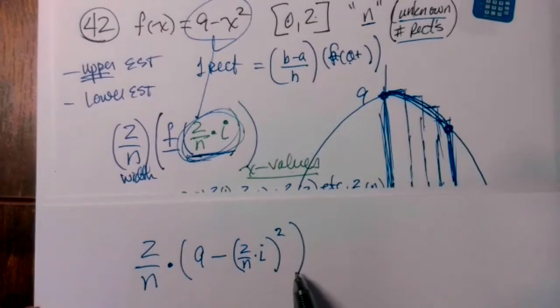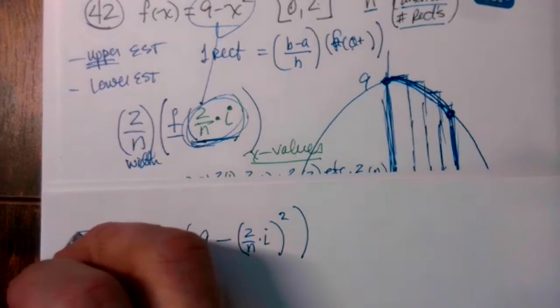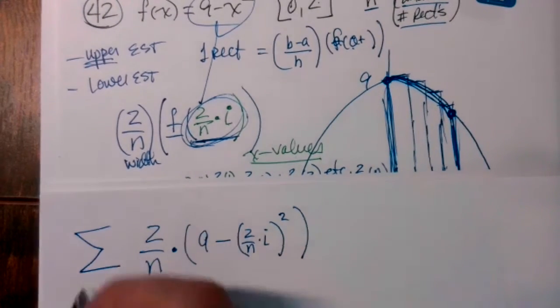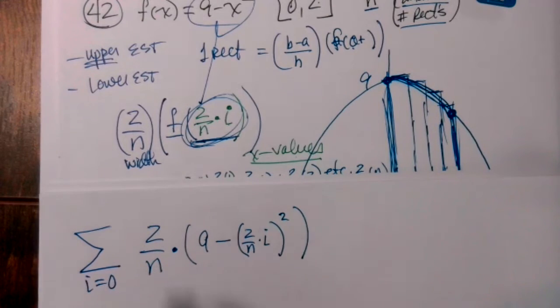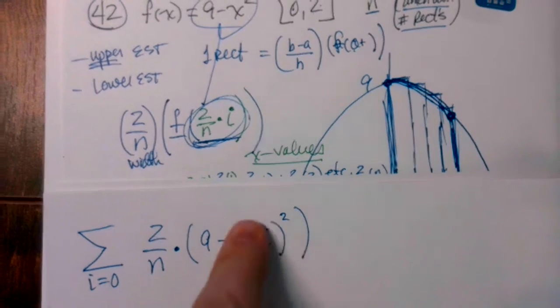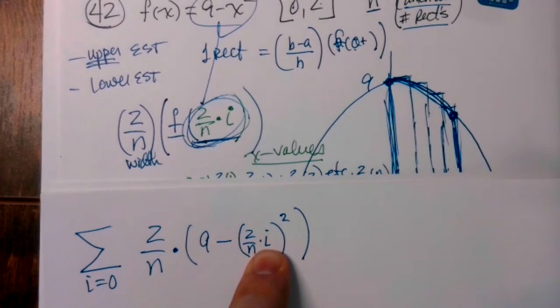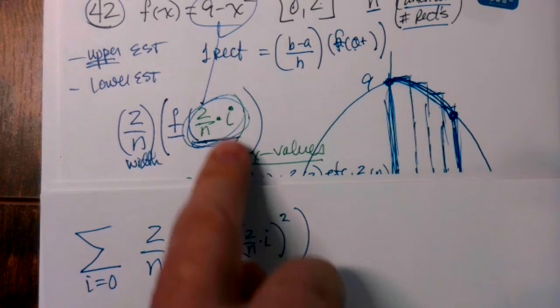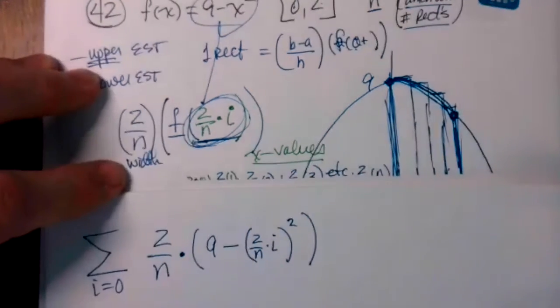And what I want to do with this is add them up, starting with, in this case, 0, because I want my first x value to be 0. So 2 over n times 0. I just plug that in, and 1 wouldn't work for this. And then it will increment by ones. So it will do times 0, times 1, times 2.